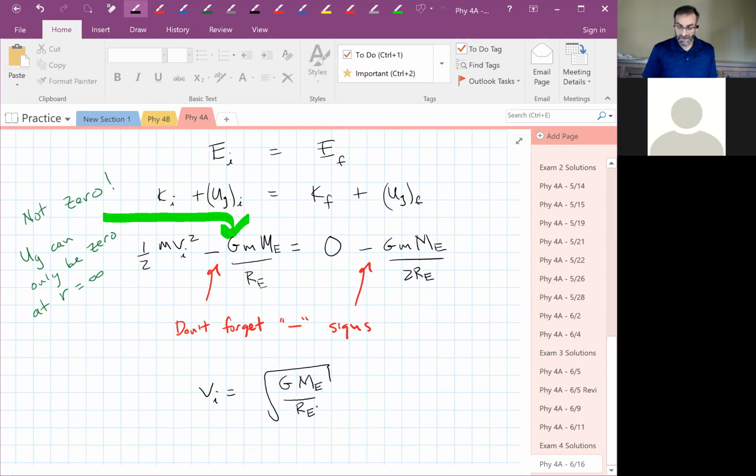You just have to keep track of which m is which, because in this equation, it doesn't matter. You have an m1 and an m2. Call one of them the mass of your object and the other one the mass of the Earth. Doesn't matter which one's which in this equation, right? But in this equation, it does matter. 1/2 mv squared, that's the mass of your object.